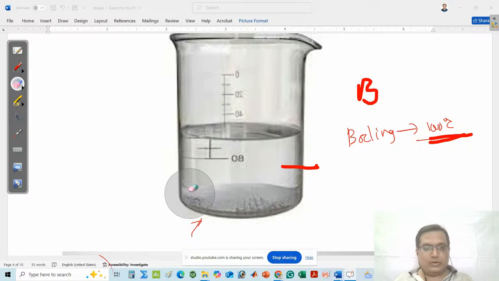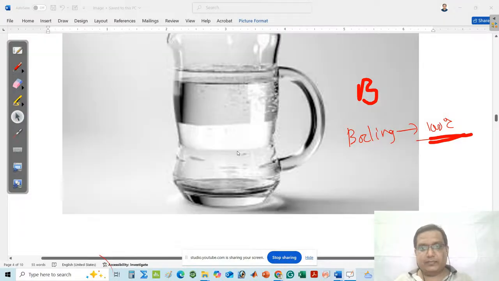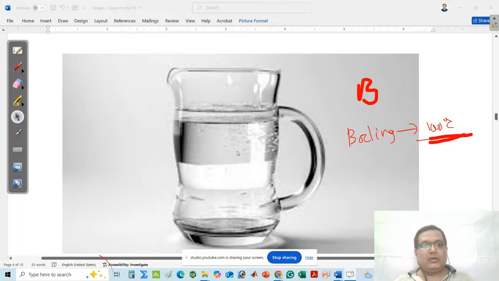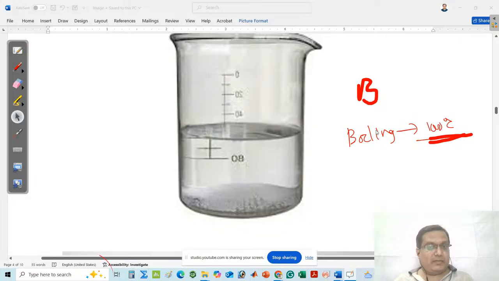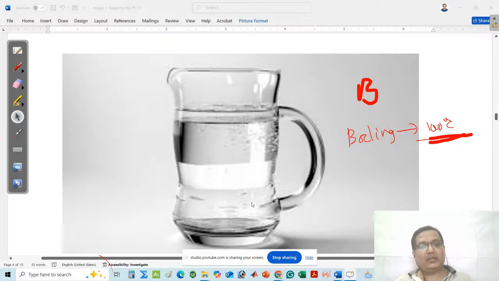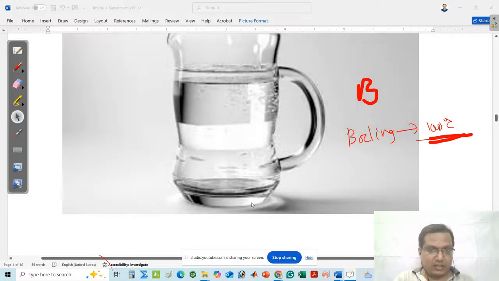But if we think about the boiling point of this water, here also the boiling point is 100 degree. But remember one thing: the amount of water present in the beaker is not the same as the amount of water present in the mug, that is your jar.